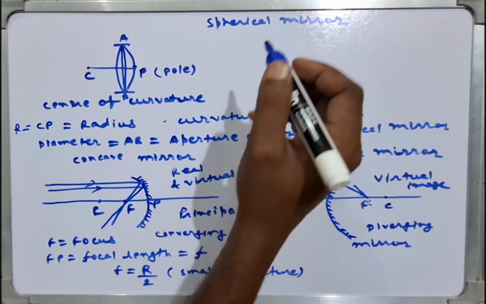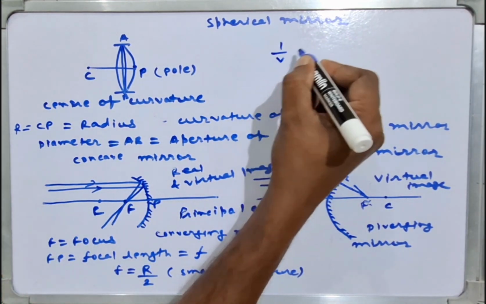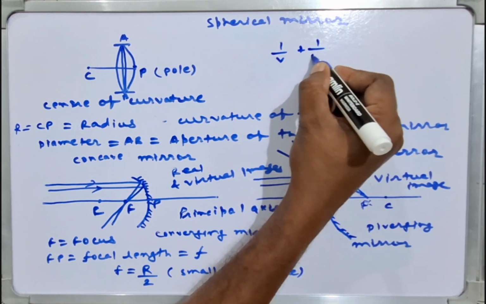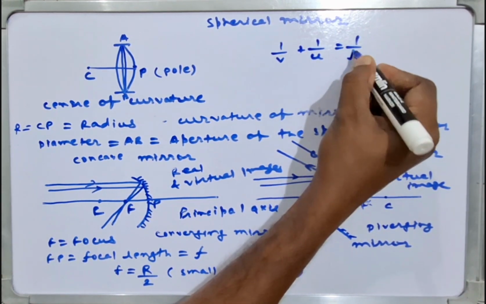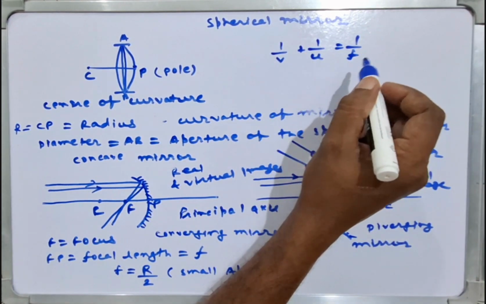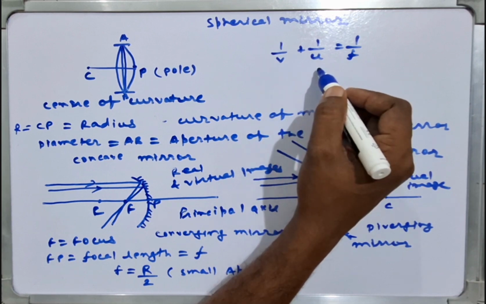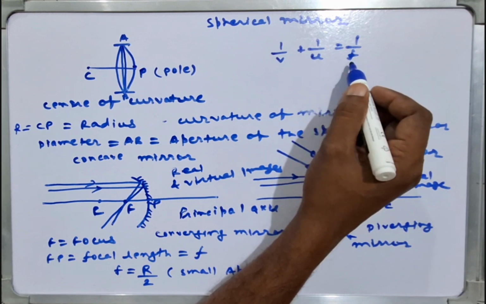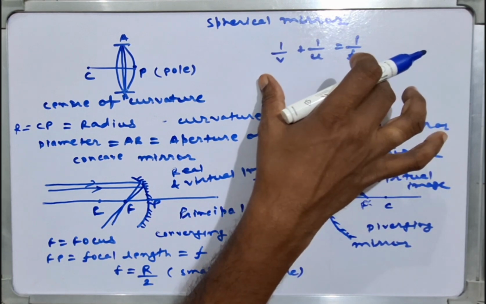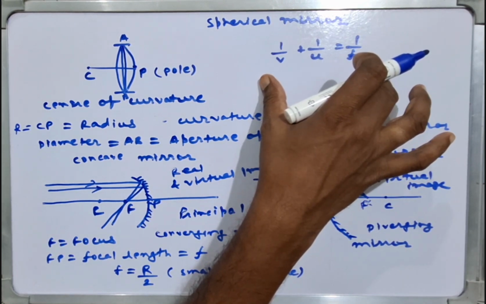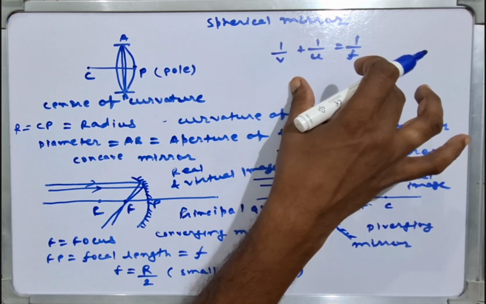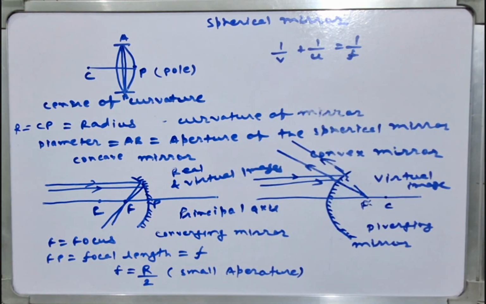We will also discuss the spherical mirror formula 1 by v plus 1 by u equals 1 by f, where v is the image distance from the pole, u is the object distance from the pole, and f is the focal length of the mirror, and also discuss what sign convention we consider while solving problems. So I hope, guys, the concept of reflection of light is a little bit clear to you.